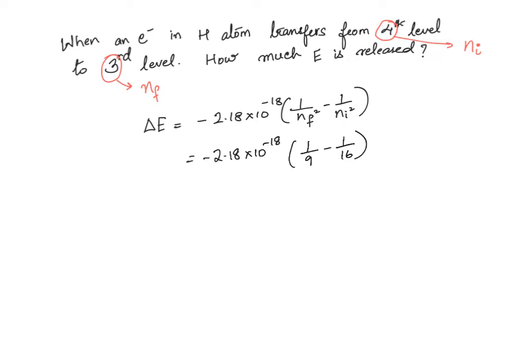Where did I get the 9 from? nf squared, and I got the 16 from ni squared. And this will be negative 1.06 times 10 raised to negative 19 joules.